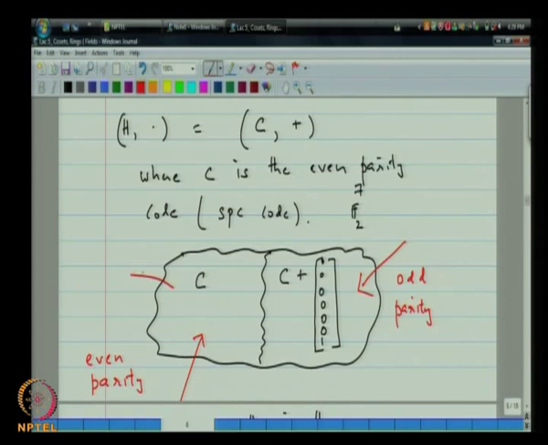So, again this is the coset C, and this is the coset C plus this particular vector.